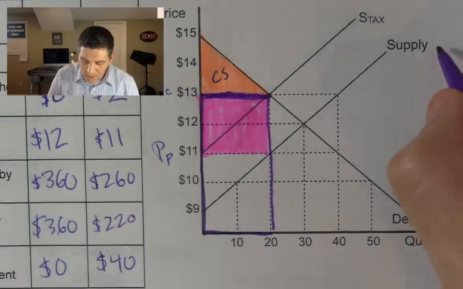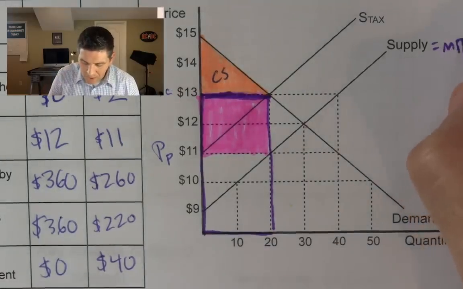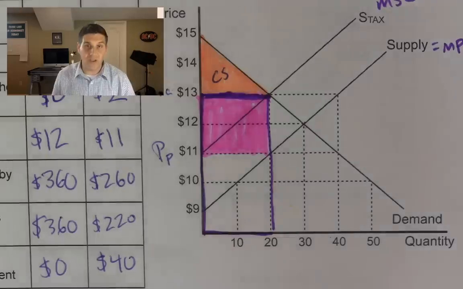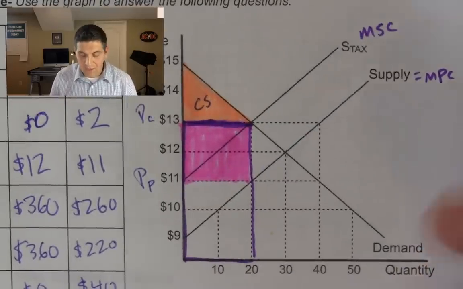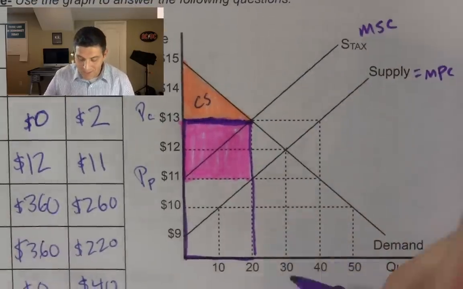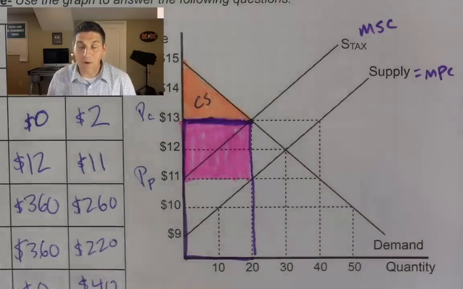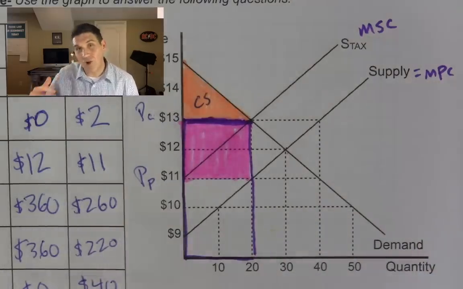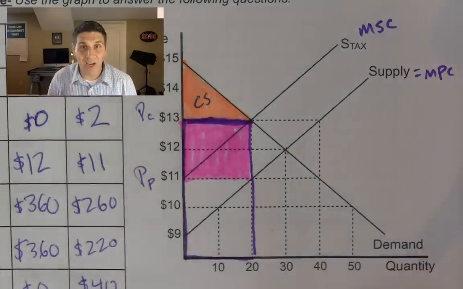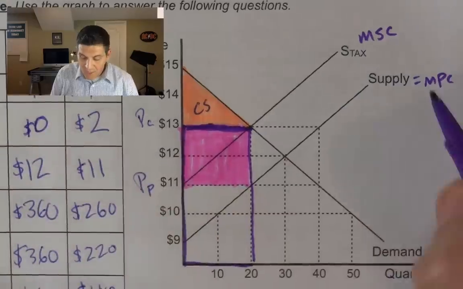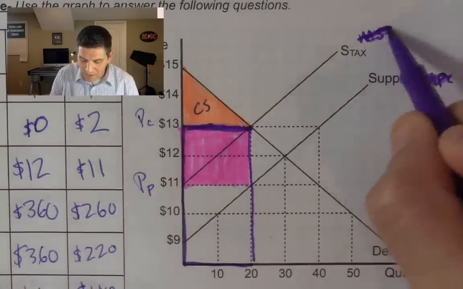If this was the marginal private cost, and this was the marginal social cost before the actual shift occurred, then the dead weight loss would exist when we were at 30. So when we were producing 30, the free market got it wrong before the tax, and we were producing the wrong amount because there's these external costs on society. That's called a negative externality, and dead weight loss would be in a different area than if this was just good old-fashioned supply and demand.